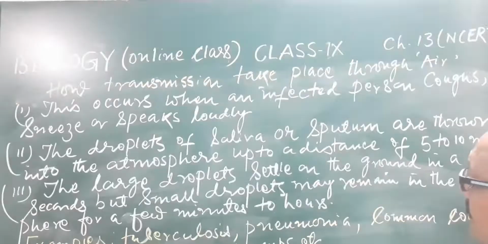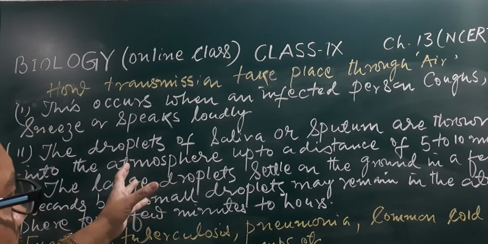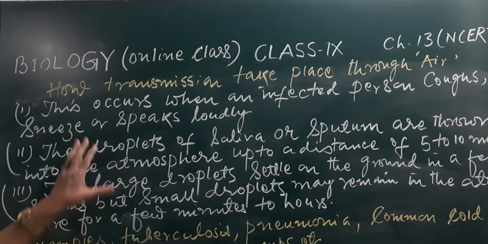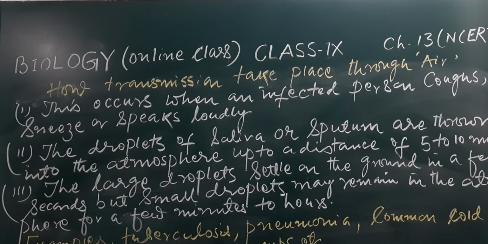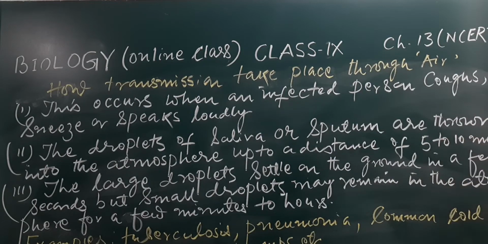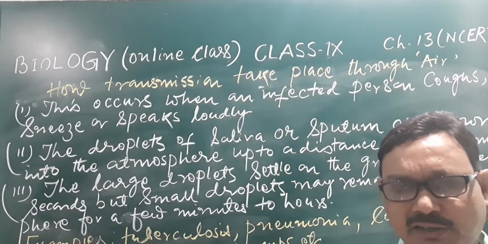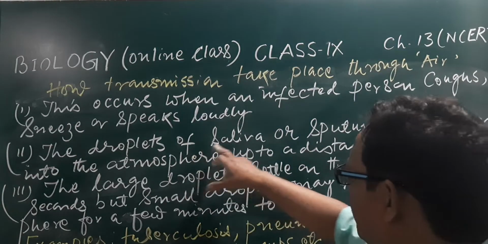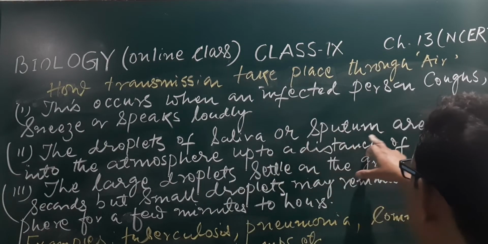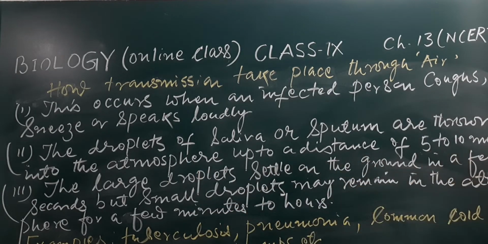See here in a detailed way how all these things happen. See the different steps for the occurrence of transmission through air. Number one, this occurs when an infected person coughs, sneezes, or speaks loudly. Droplets of saliva or sputum are thrown into the atmosphere up to a distance of 5 to 10 meters.